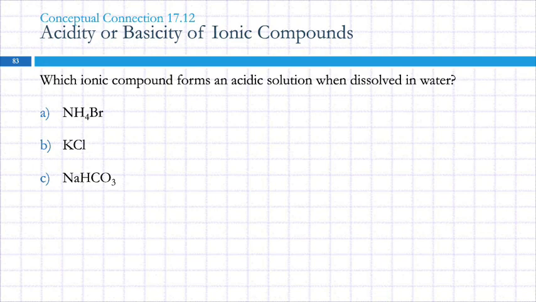Is the cation acidic? Potassium ion is the counterion of a strong base, potassium hydroxide. Sodium ion, counterion of a strong base, sodium hydroxide. What about ammonium? That's the conjugate acid of a weak base, and so this is the one that will be acidic.